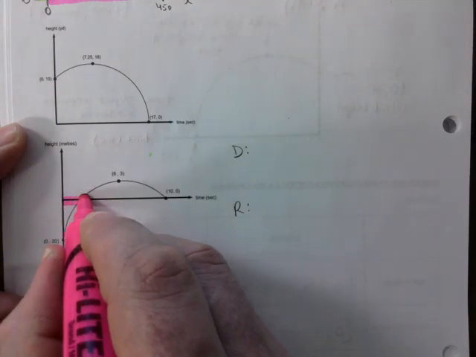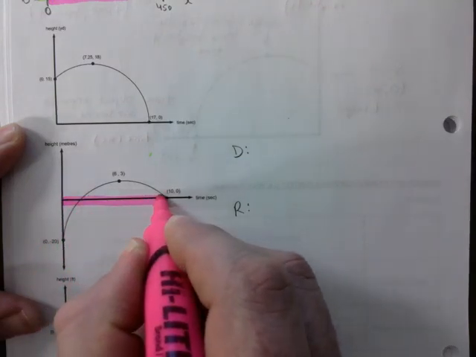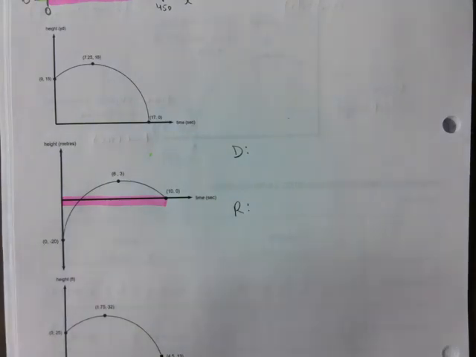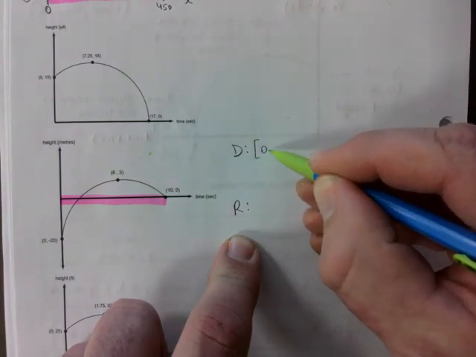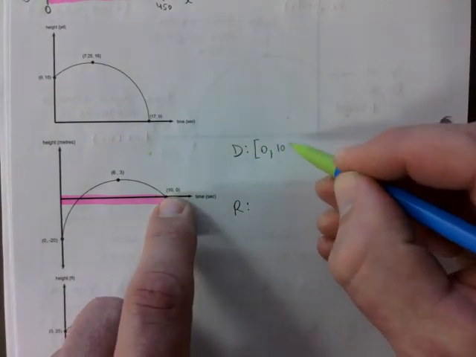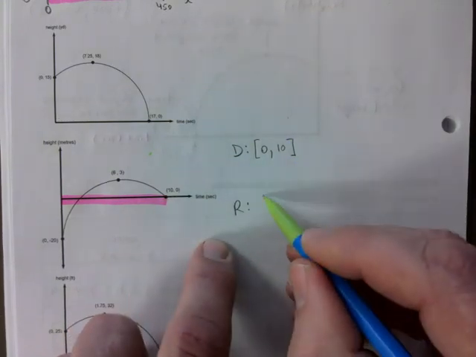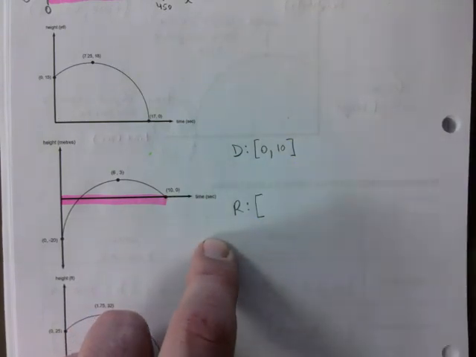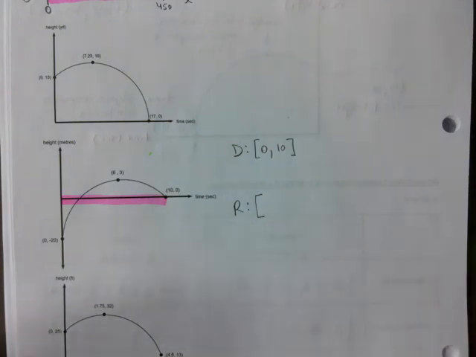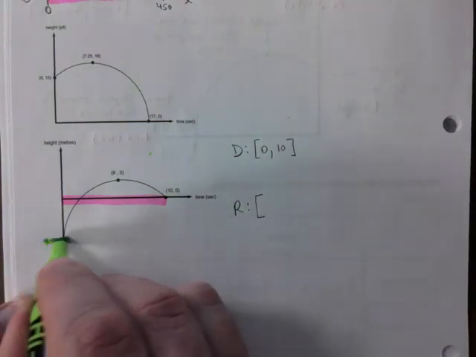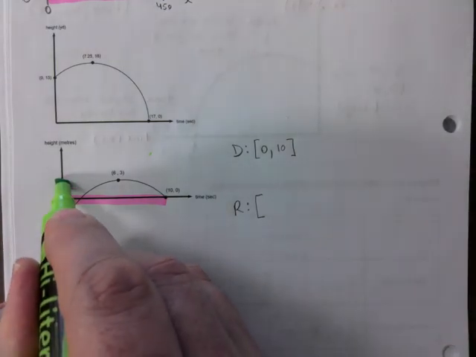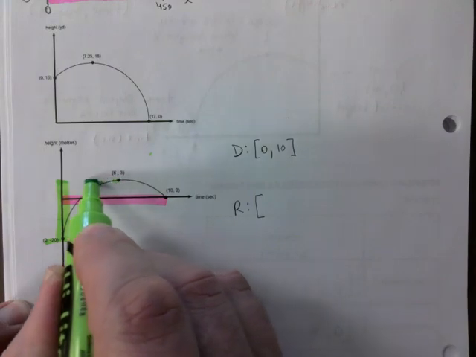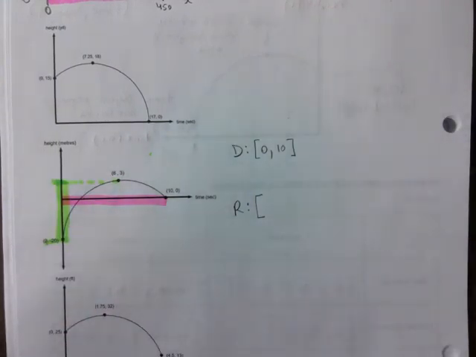So for the domain, we would go like this, right? We would go from here all the way to there. So what would be the limits for my domain? 0 to 10, yeah. And my range, I go from here, this is the lowest it ever gets, travel along the y-axis until you get to the highest this thing ever gets, which is right there.